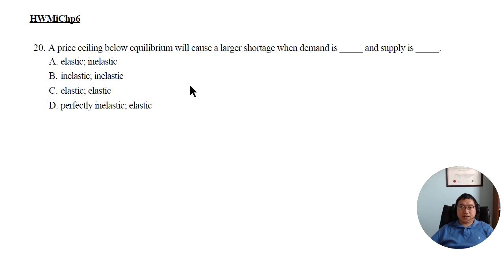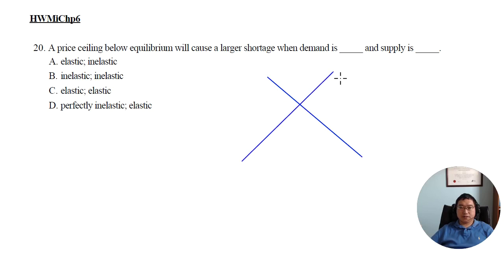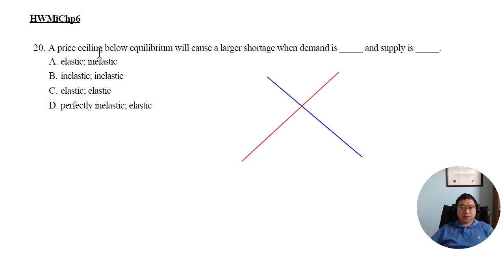Now let's look at question 20. A price ceiling below equilibrium. Let's get our demand curve and then the supply curve. Use a different color for the supply curve. The price ceiling below the equilibrium means we have something like this.